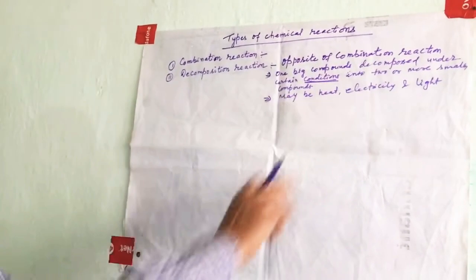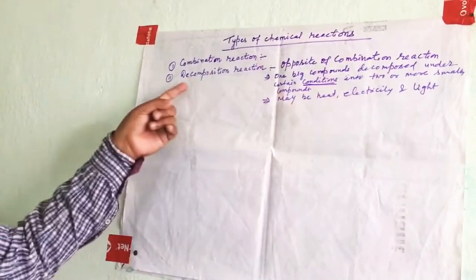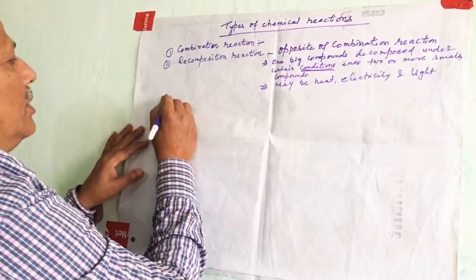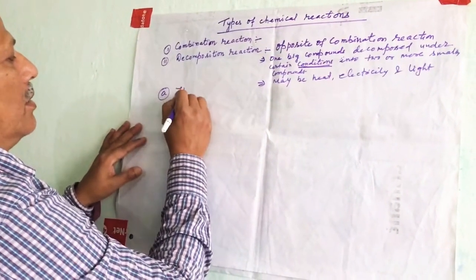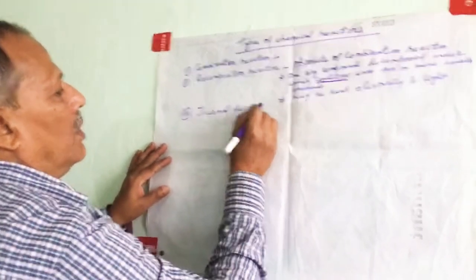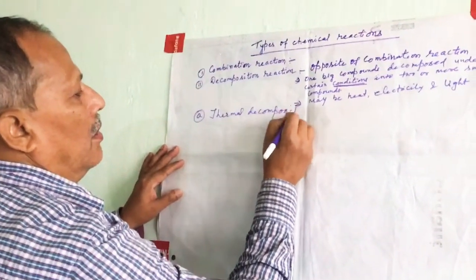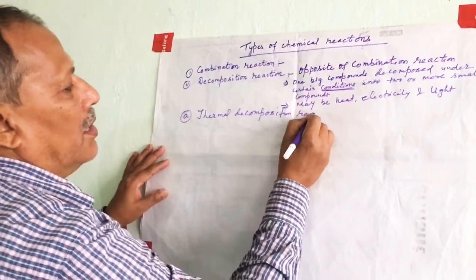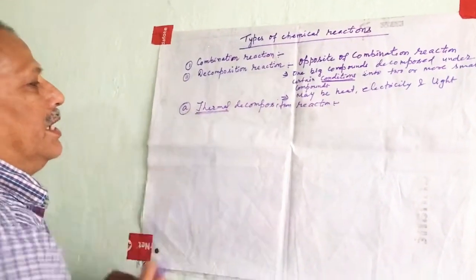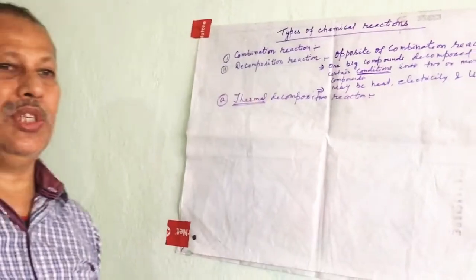So on the basis of these conditions, decomposition reactions may be classified into three categories. The first one is called thermal decomposition reaction. As its name indicates, thermal is related to heat.